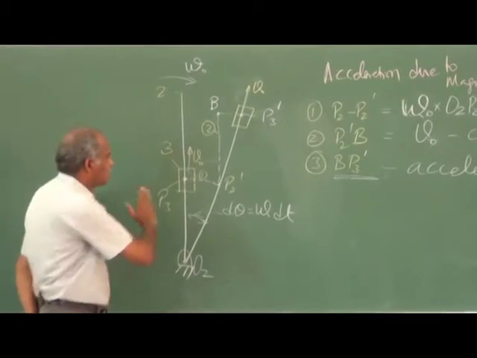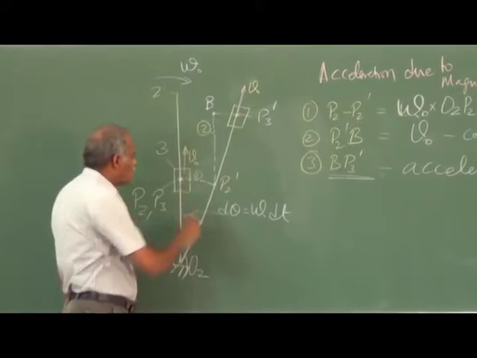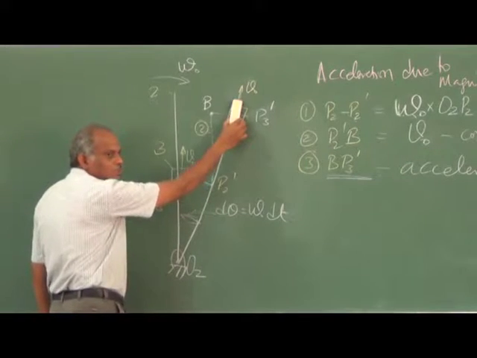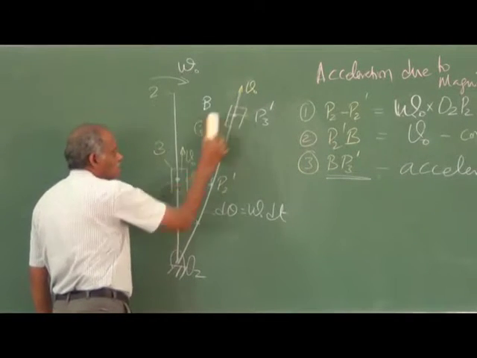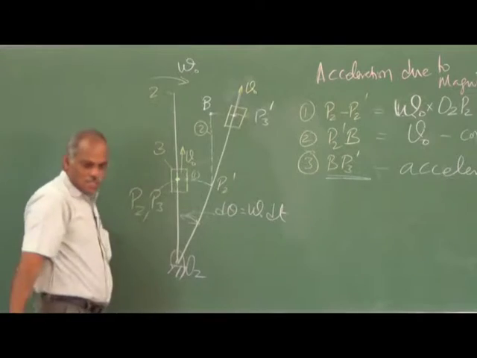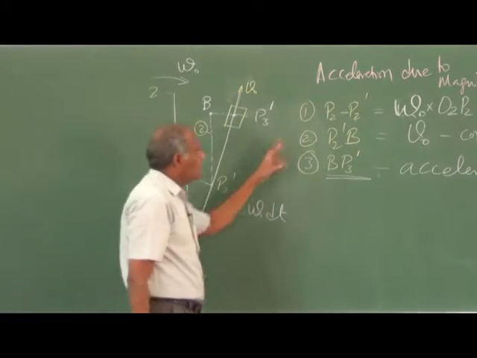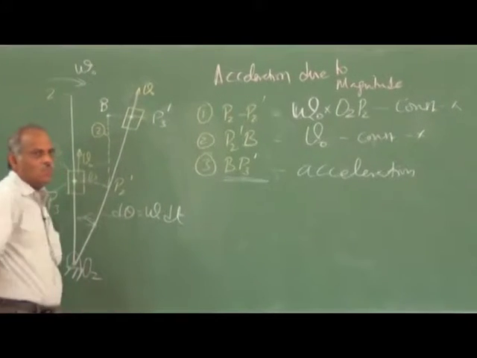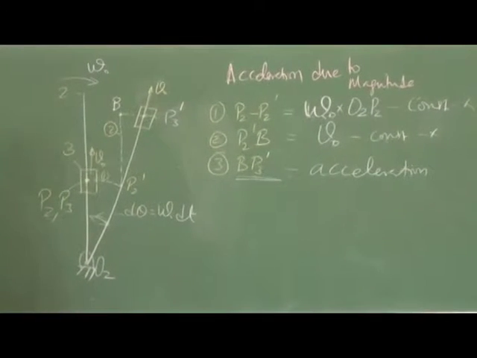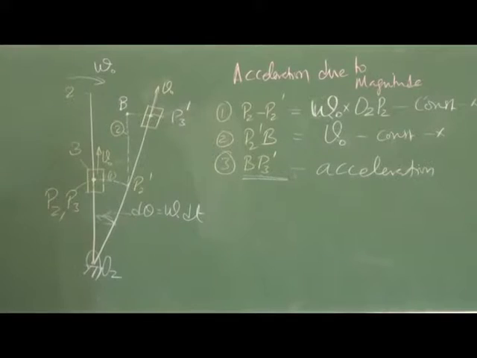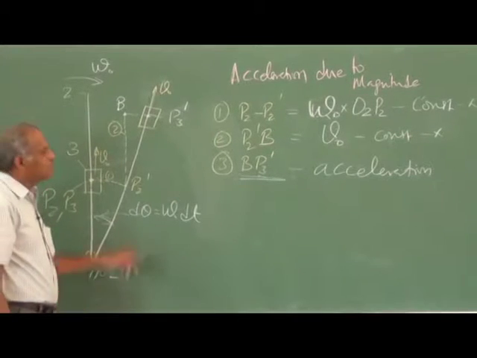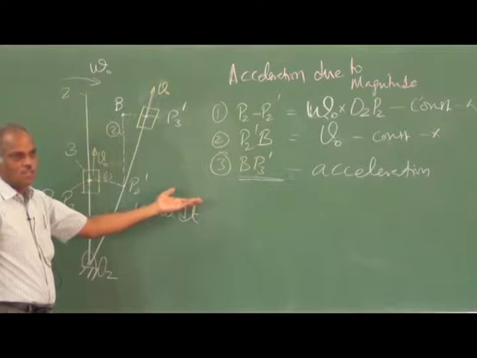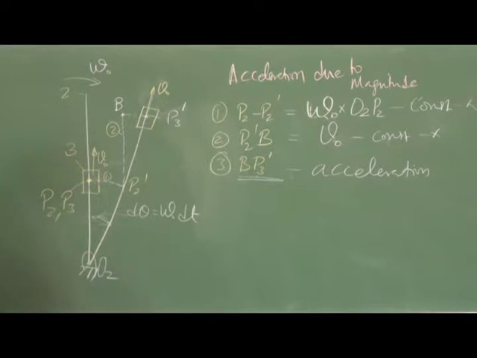When you split that, the total displacement of this is split into three parts, and it is argued that among the three parts only during BP3 dash you have the acceleration. So suppose you are able to write the equation for acceleration, then you will be seeing what is the type of acceleration or what is its magnitude.